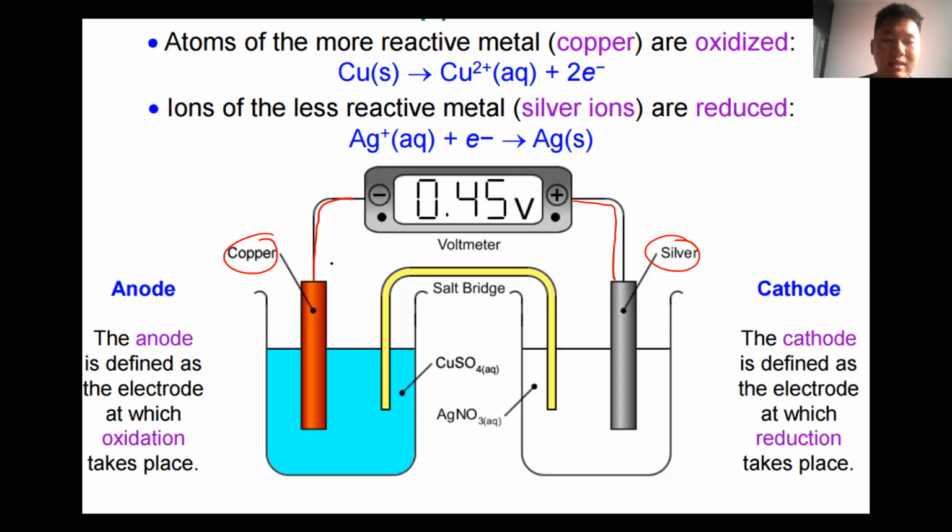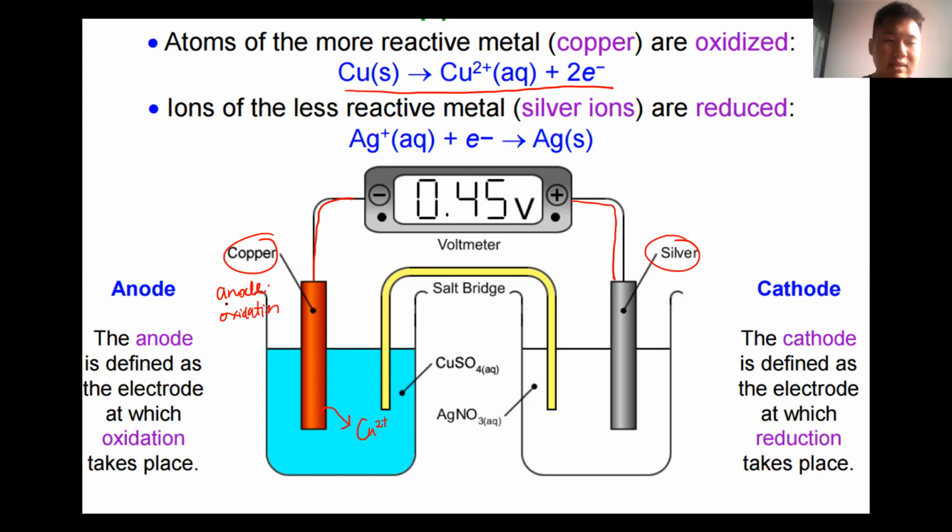what we expect is that the atoms of the more reactive metal will be oxidized. So copper right over here will be oxidized to form copper 2 plus ions. And this copper will be defined as the anode because oxidation happens.